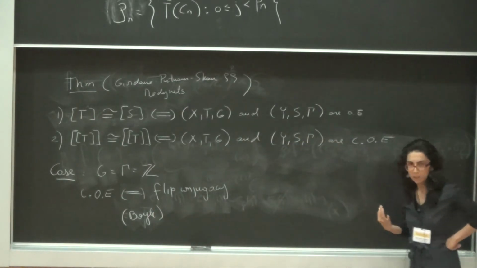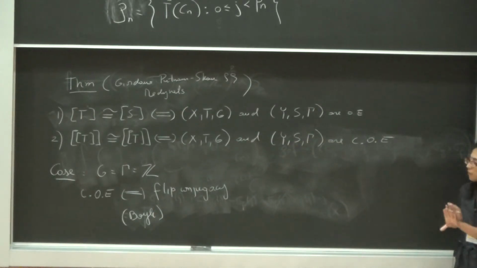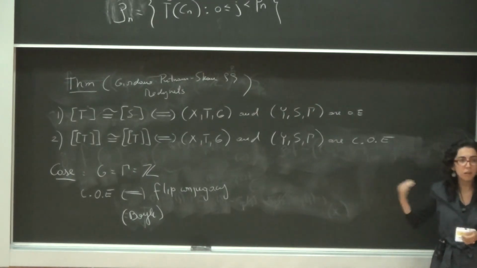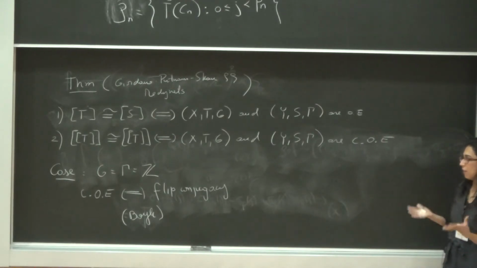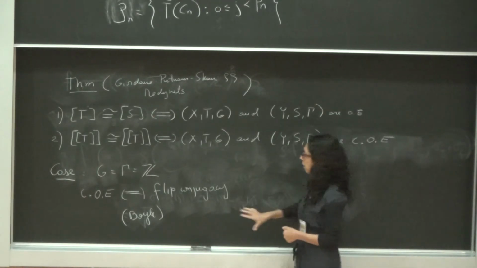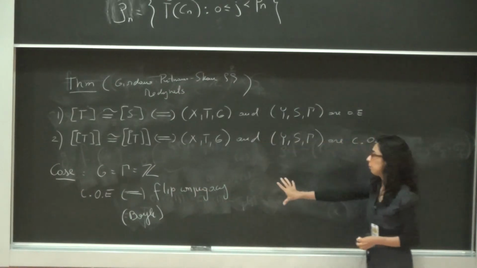Remember that flip conjugacy is that the first system, X, T, is conjugate to S or S minus 1. And when we have this, we can write this in another way. I'm going to write flip conjugacy in another way.